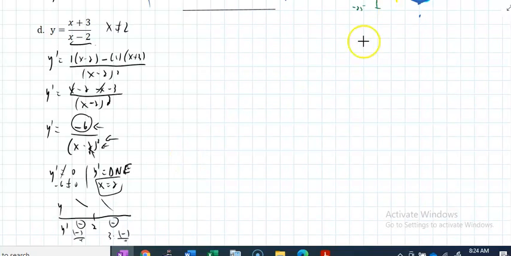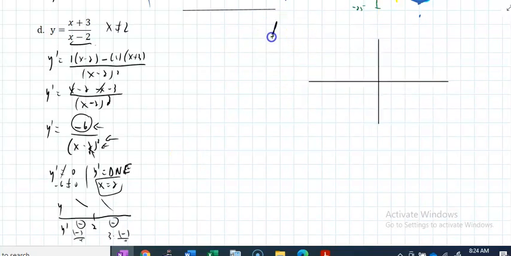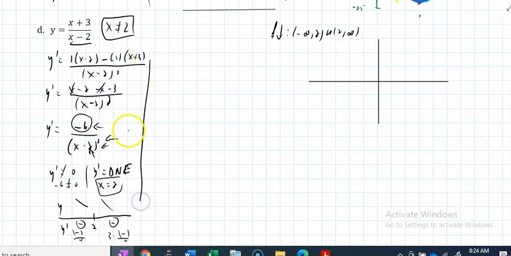So our conclusion is that f is decreasing from negative infinity to 2, union with 2 to infinity. And the reason I can say this is because I know there's a restriction in the domain. Now I take my second derivative.